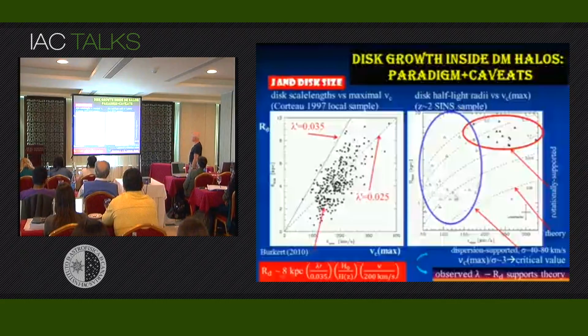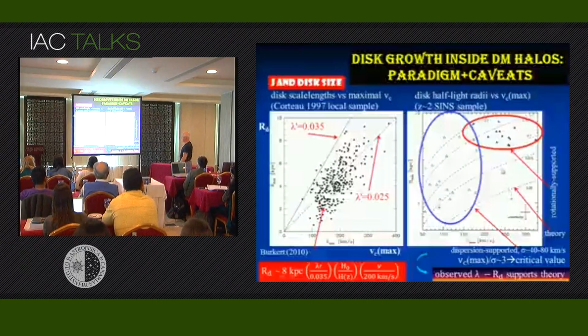The empty triangles are the dispersion-supported galaxies with approximately 40 to 80 kilometers per second dispersion velocities, while here we have galaxies which are supported mainly by rotation, like the Milky Way.